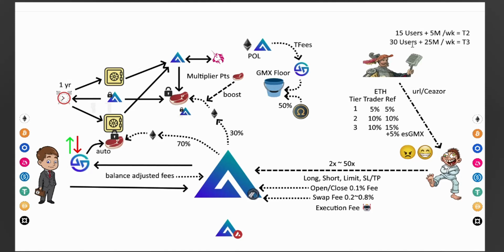And then 30 users at 25 million per week will get you to tier 3, right? So these are pretty hard, I think, but I don't know, maybe I'm not a whale, so maybe it's harder for me than I think. And if you have 3,000 users, it's a little bit less difficult, right? So those are the trading fees, or the referral link, and how that system will work.